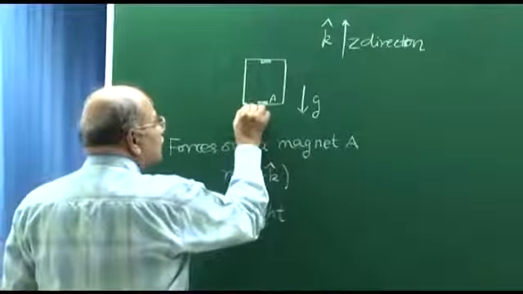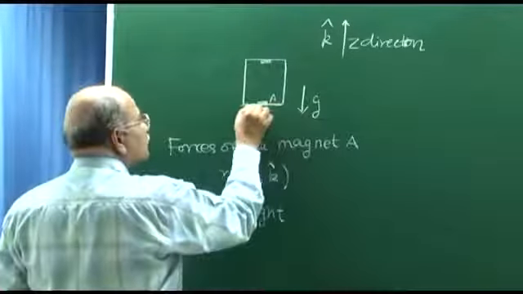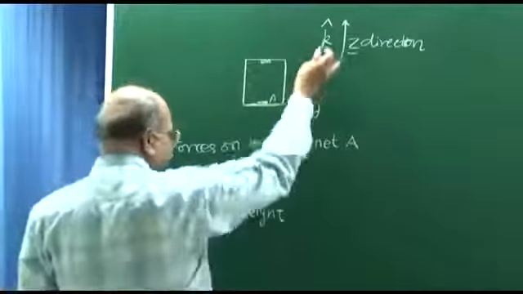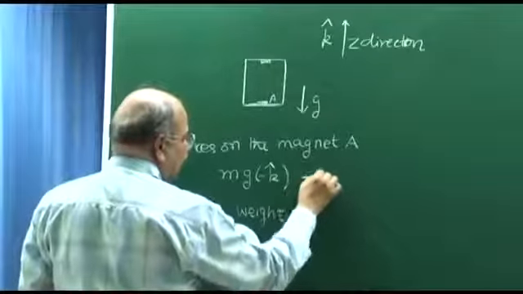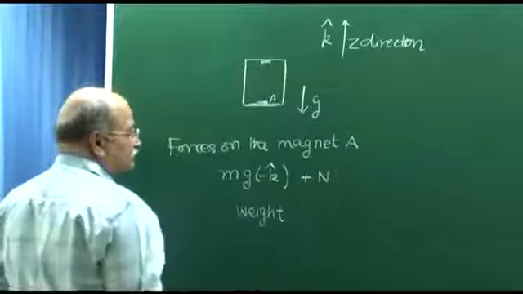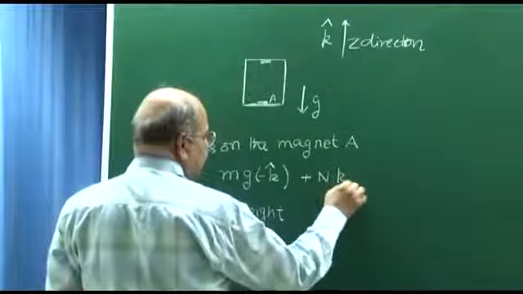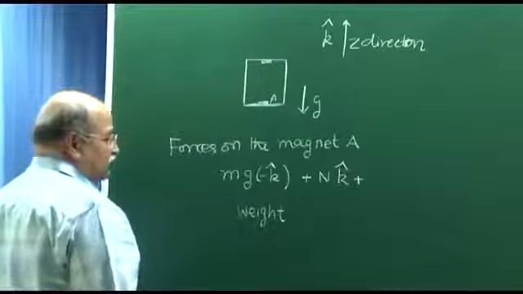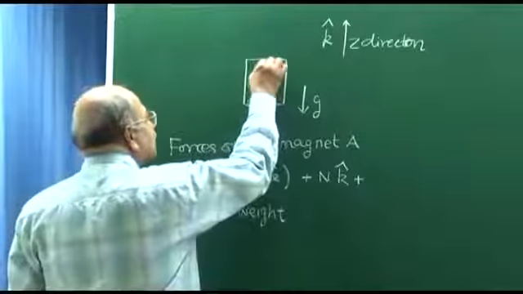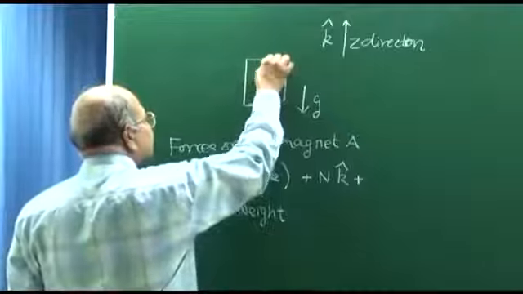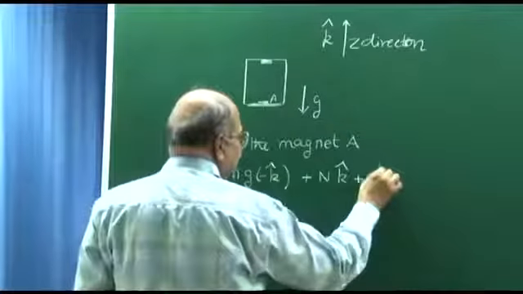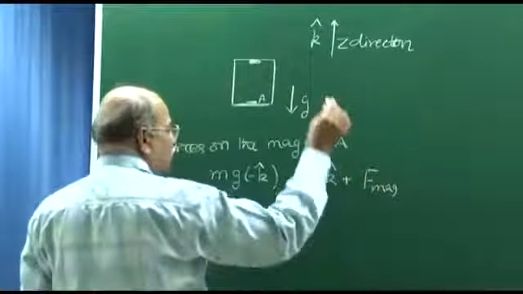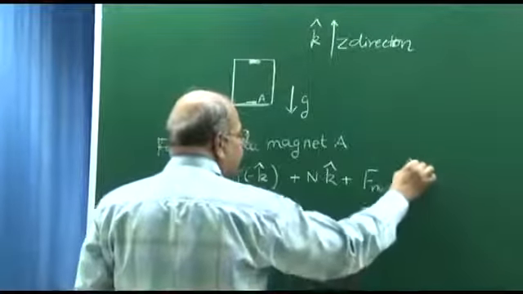Then I have the normal reaction force from this bottom. That force will be in upward direction, so you can write that as N k cap. Then attraction because of this magnet, that is the magnetic force, and that is also upward, so k cap.